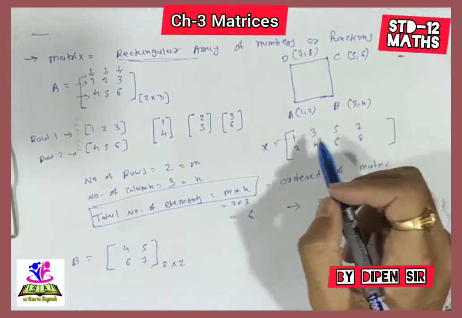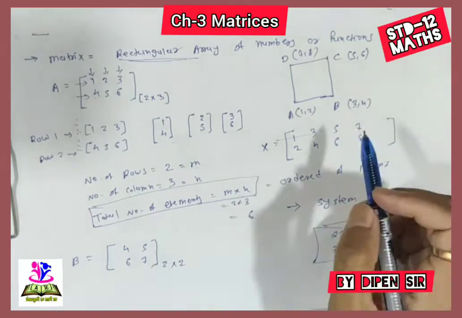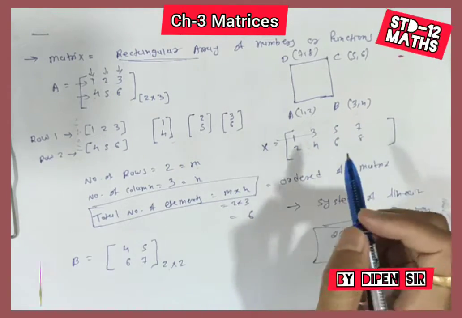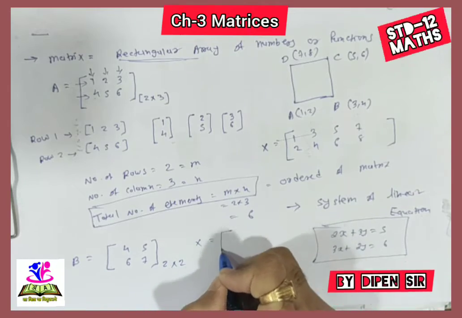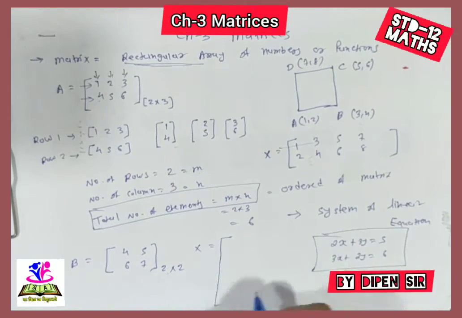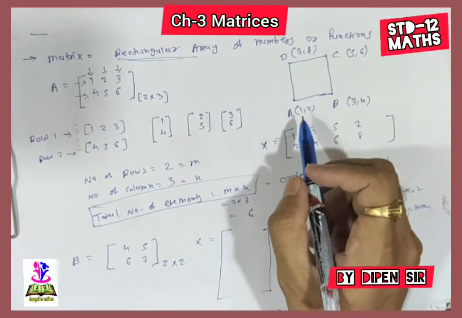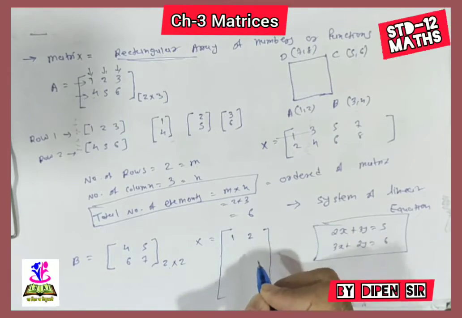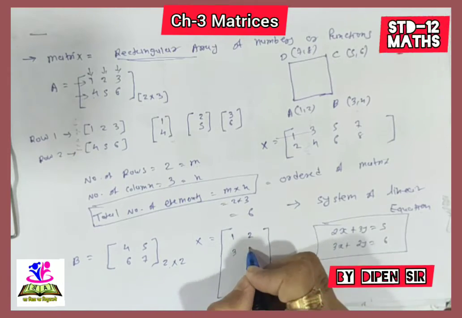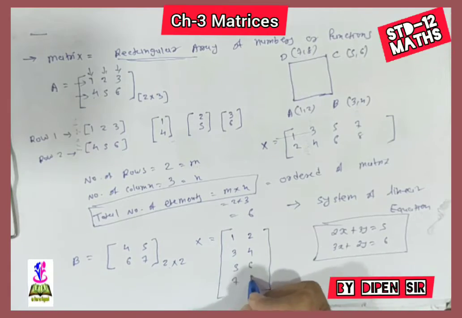So this is the matrix representation of any quadrilateral. It can also be represented in this way. Matrix X represents this quadrilateral ABCD. So we can write this coordinate A as 1 2, B as 3 4, C as 5 6, and D as 7 8.